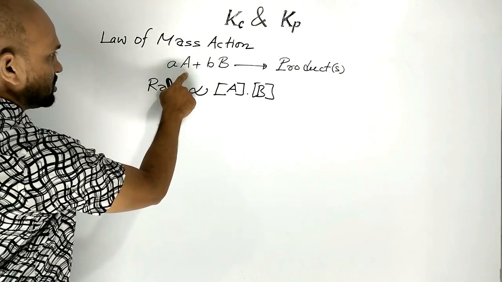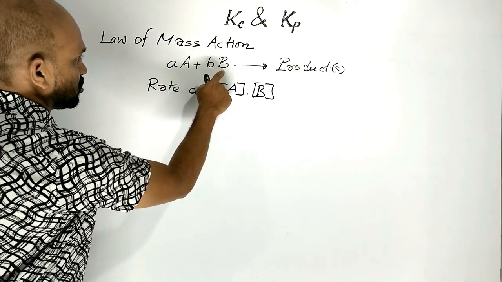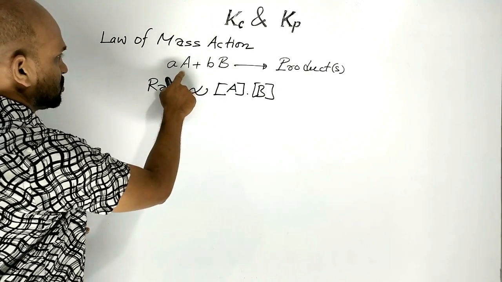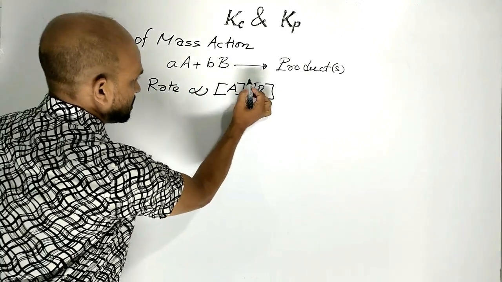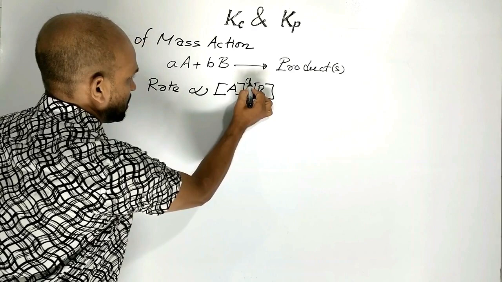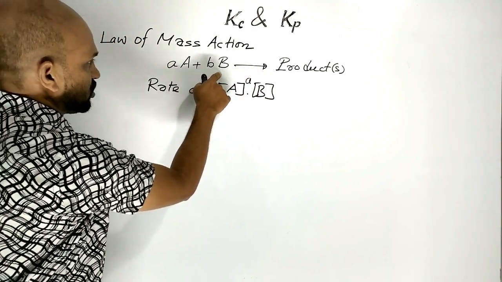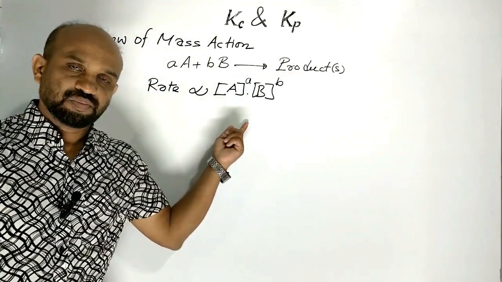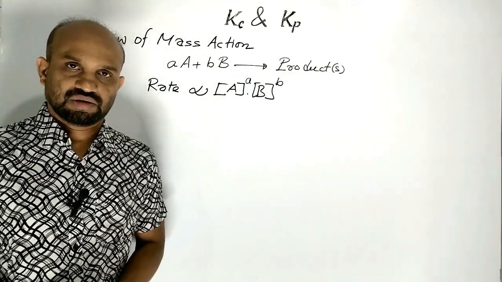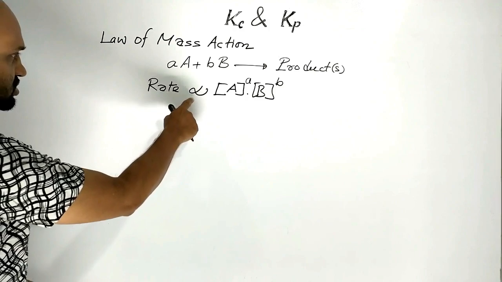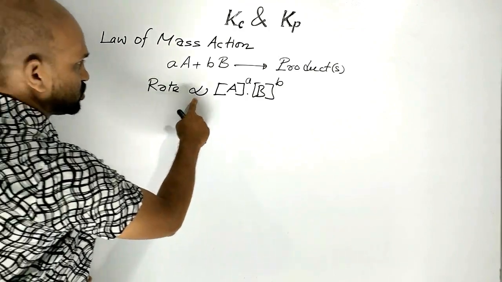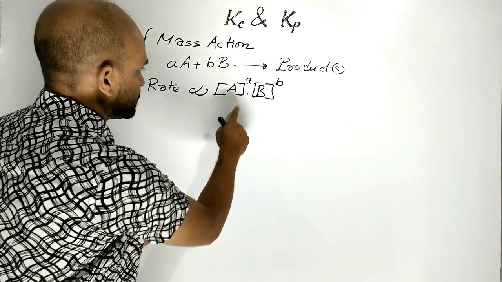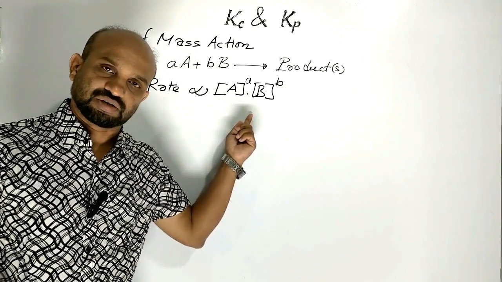Coefficient of A will be the power of A, and coefficient of B will be the power of B. Simply, rate of the reaction will be directly proportional to the product of the concentration of the reactants.